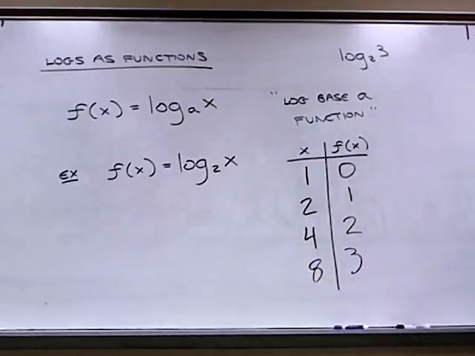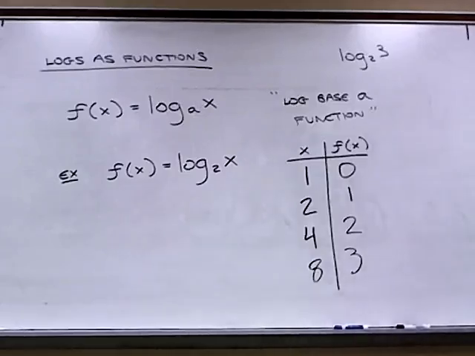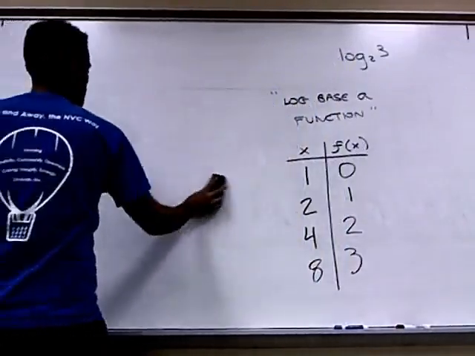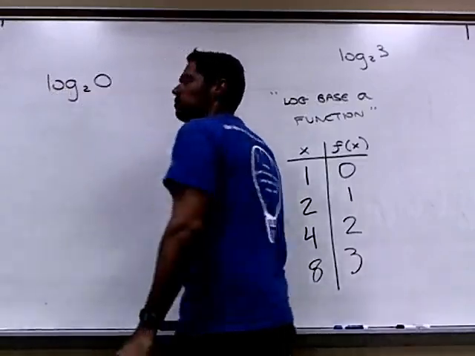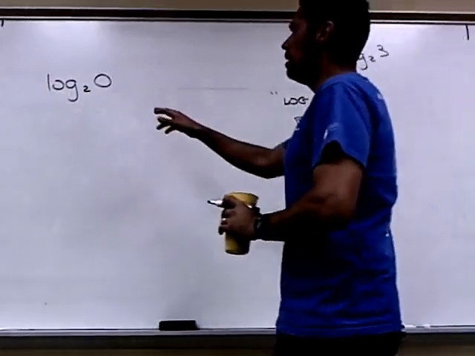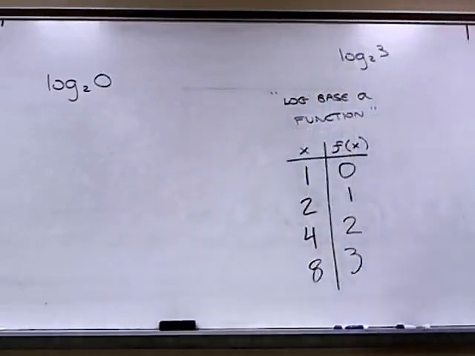Can we plug 0 in? Can you plug 0 into a log? Let's try it. I'm gonna try and plug 0 into this. What's log base 2 of 0? 2 raised to what power gives you 0? 2 to the 0 gave us 1, remember? Right?